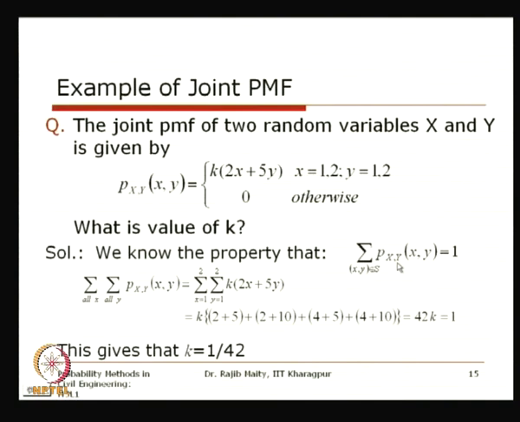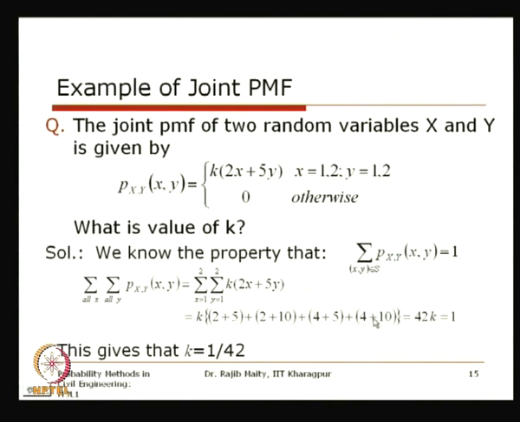So x can take the values 1 to 2 and y can take the values 1 to 2. If we put in these values, we get this expression: the first is x equals 1 and y equals 1, the second is x equals 1 and y equals 2, and similarly for the 4 different possible outcomes.